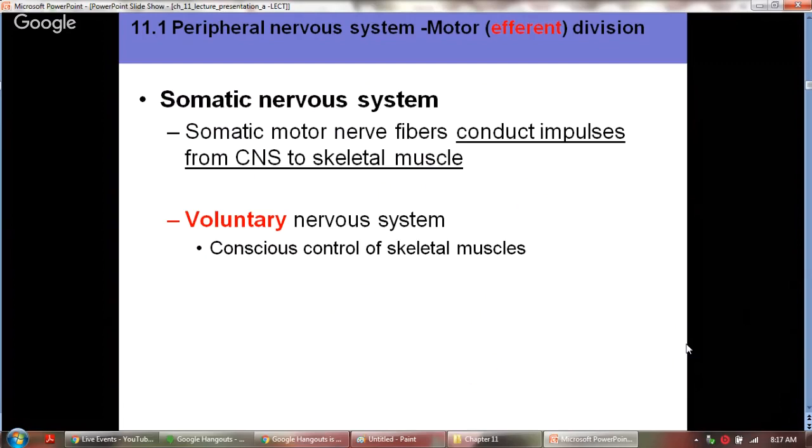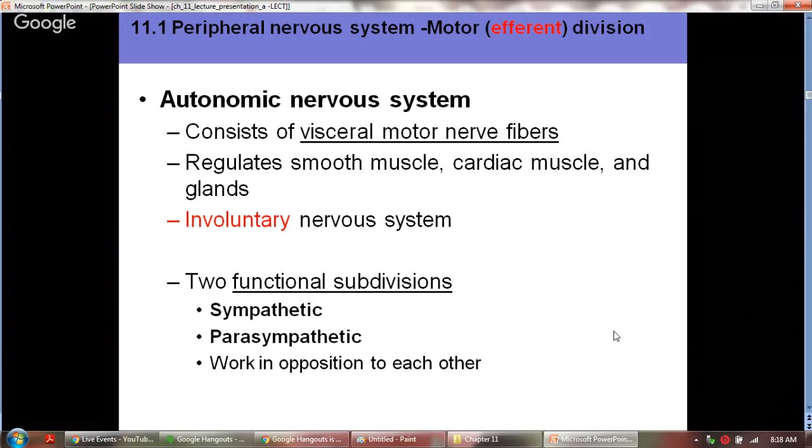The somatic nerve fibers conduct impulses from the central nervous system to the skeletal muscles. And of course, as we know, skeletal muscles are under voluntary control. So the somatic nervous system is a voluntary nervous system, that is, conscious control of the skeletal muscles.